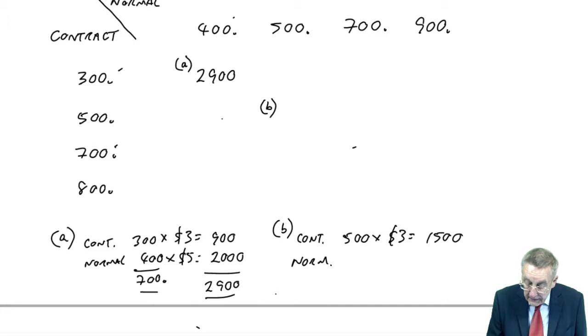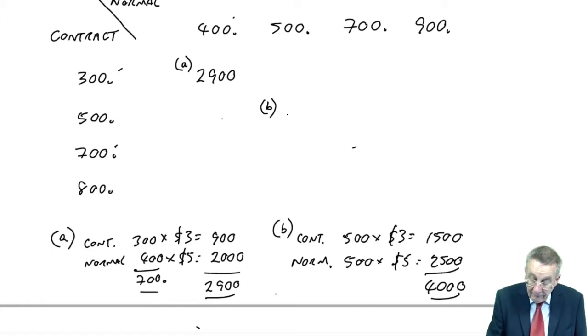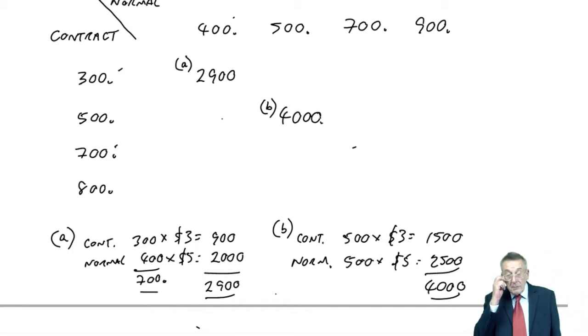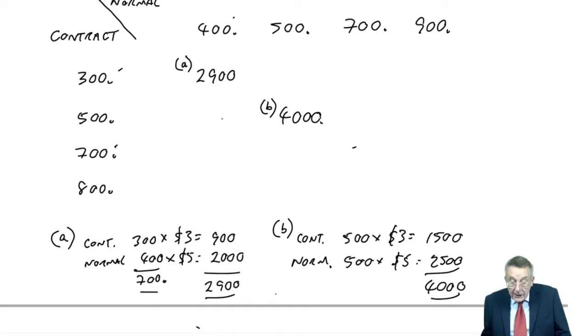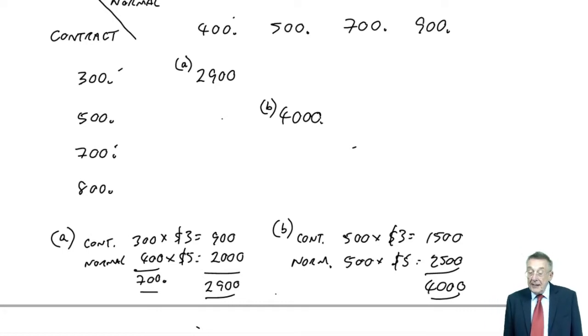Normal customers want 500 as well. We make $5 profit. So total 4,000. I said a moment ago, it's very repetitive. Once we get into it, it becomes speedy. However, let's look at one more. What about this one?